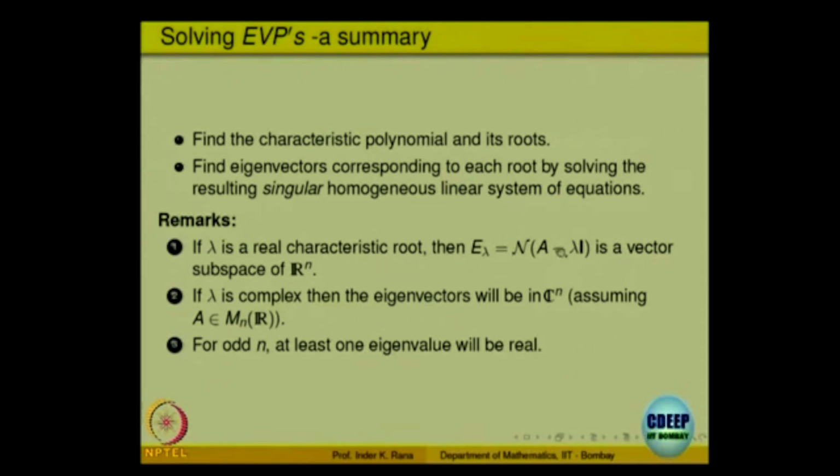As I said, you can put them all together in one box, the null space of A minus lambda I, which depends on the eigenvalue lambda. You can also call it the eigen subspace, a vector subspace corresponding to the eigenvalue lambda.